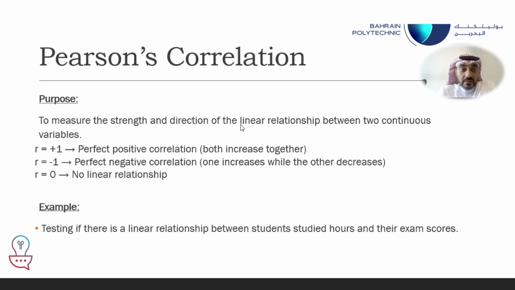This test will test the linear relationship between these variables. If you get a result very close to 1, that means the correlation between these variables is strong and positive. What's the meaning of positive? It means if one of the variables increases, the other will increase. If one variable decreases, the other will decrease.